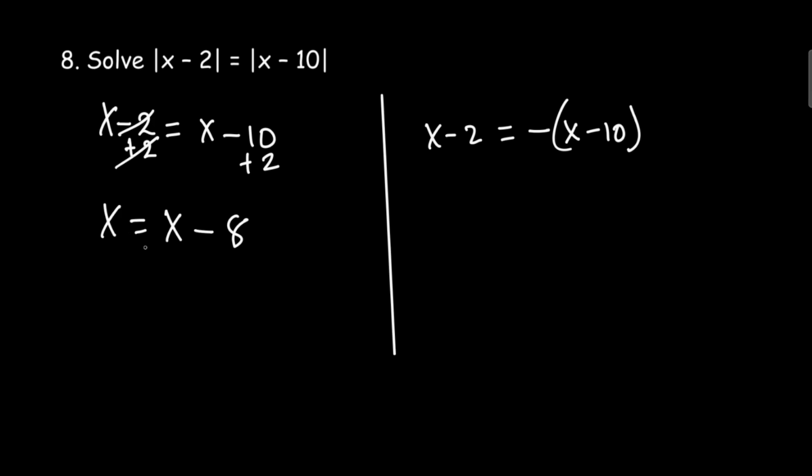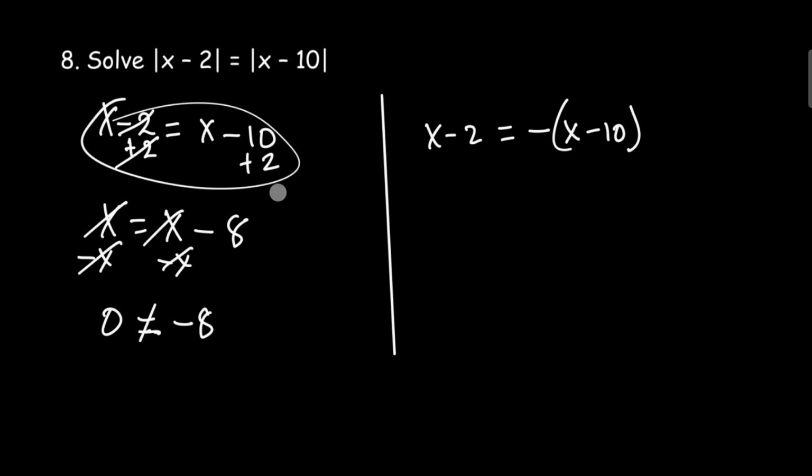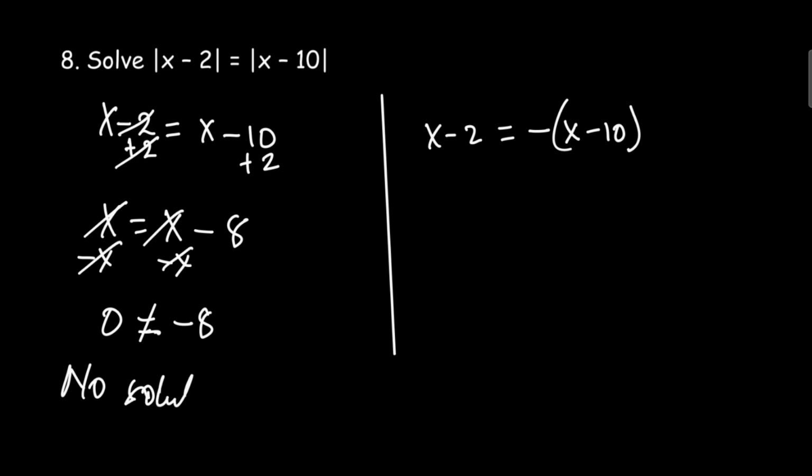So that means if we go ahead and subtract x on both sides, clearly we are going to be getting 0 right here, and then 0 also here, minus 8. And this statement right here is really false. There's no way 0 will be equal to negative 8. So in this situation, this is a false statement. That means this equation we are seeing right here does not have a solution. So no solution right here. Then we move on to the next one.